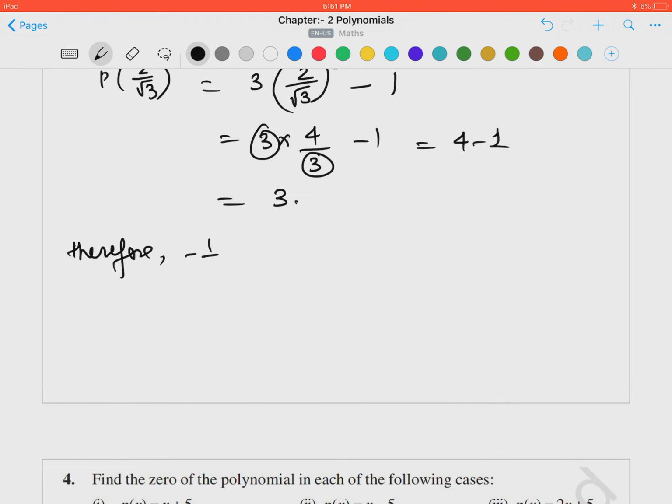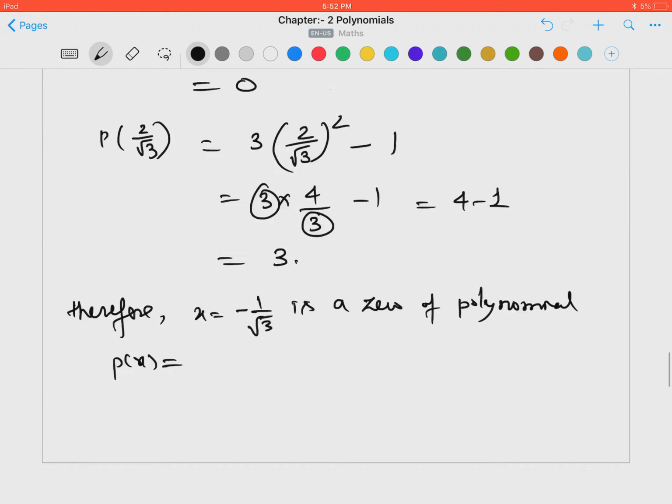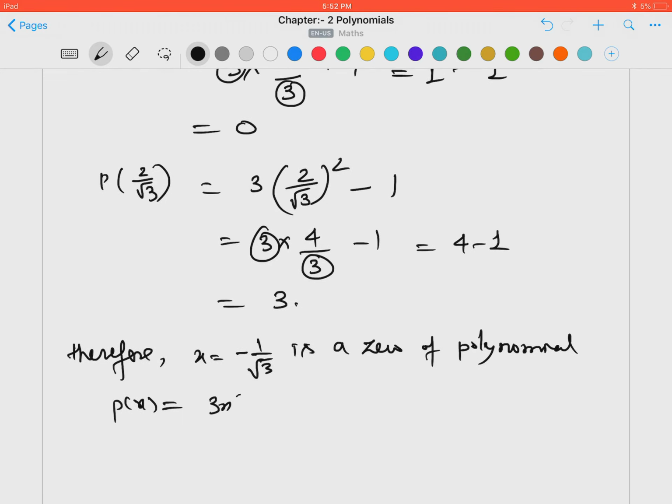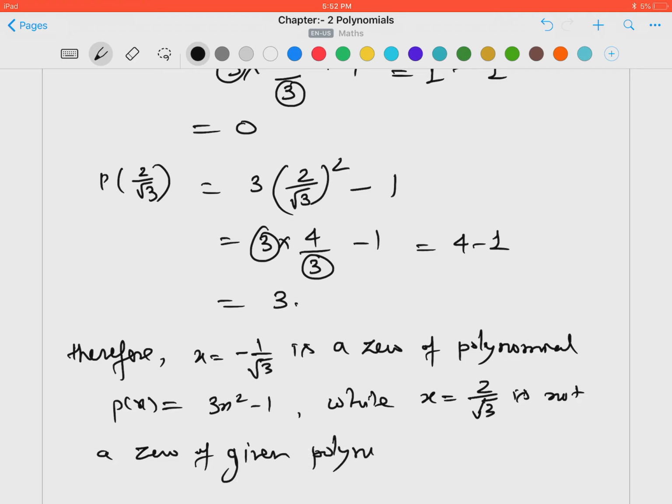Therefore x equals minus 1 by root 3 is a zero of the polynomial p(x), which here is 3x square minus 1, while x equals 2 by root 3 is not a zero of the given polynomial.